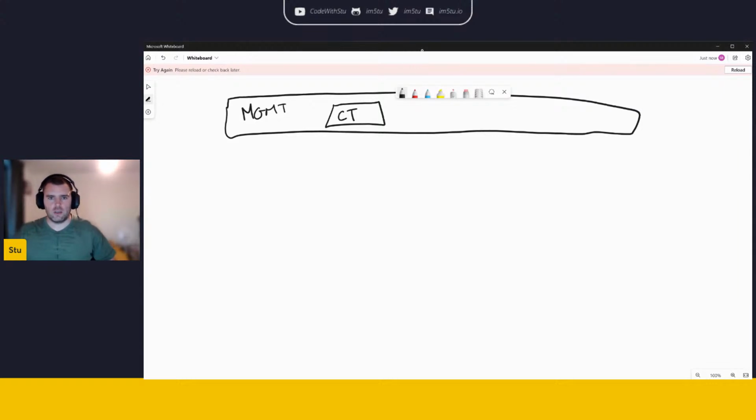There is also, for Control Tower, something called Control Tower Account Factory for Terraform, which is a bit of a tongue twister, which basically is a very fancy way of saying you can control Control Tower from Terraform. So not only does the management level account control the Control Tower instance, which controls all the other accounts, it also has the AWS Organizations in there.